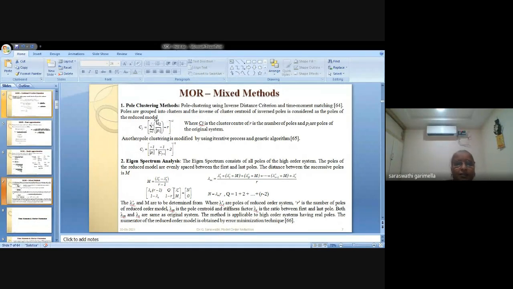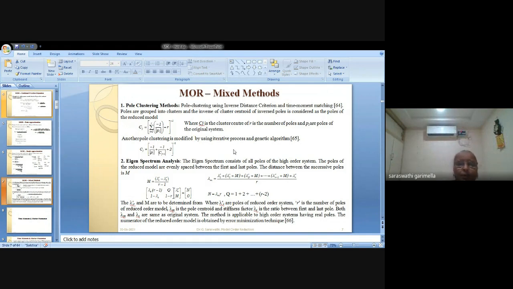I think the IIT Kharagpur people have done this work. They calculated this, and for the numerator they have taken time moment matching. But the problem here is how to form the clusters. There was no rule to form clusters, so it is an arbitrary way of doing things.